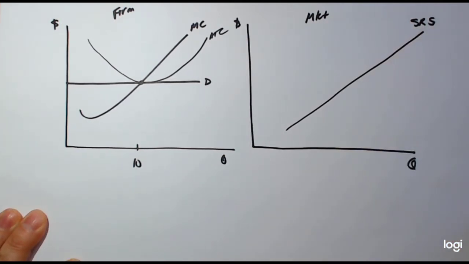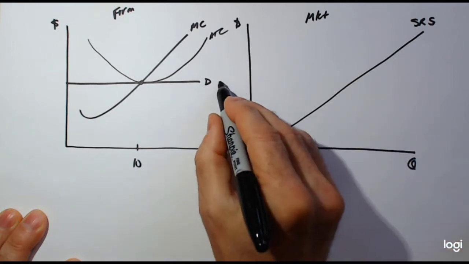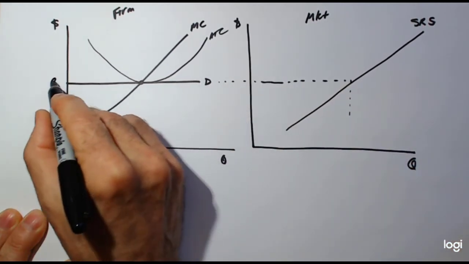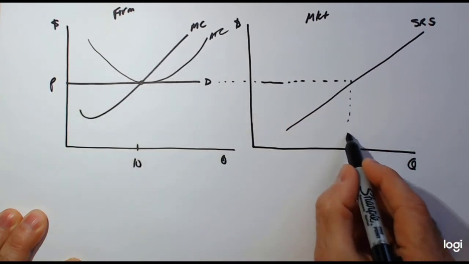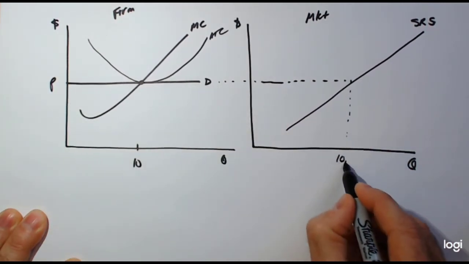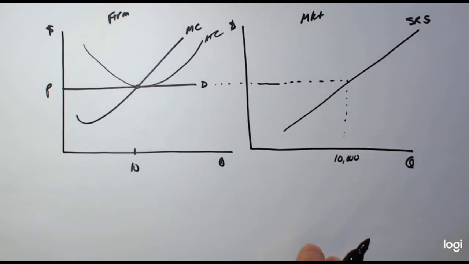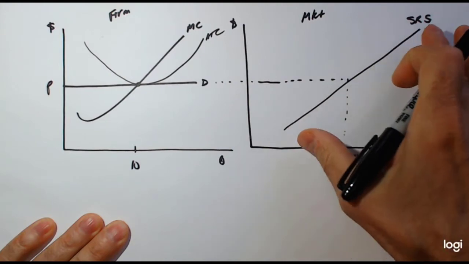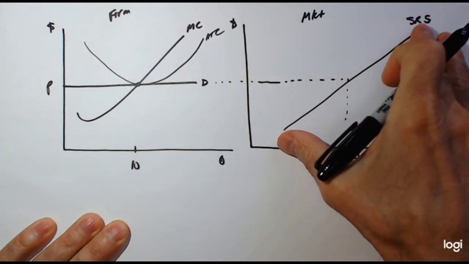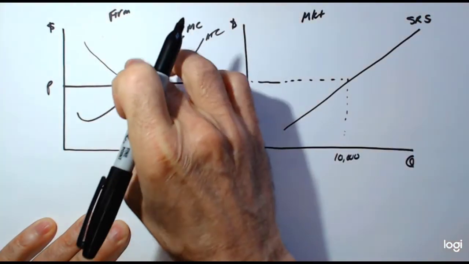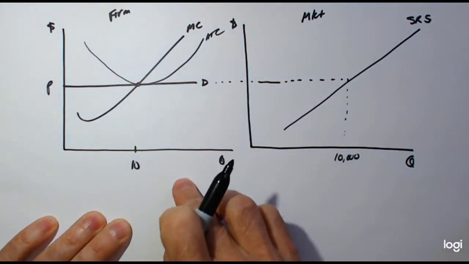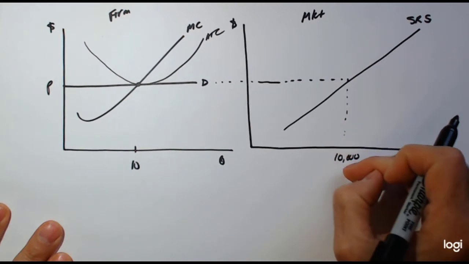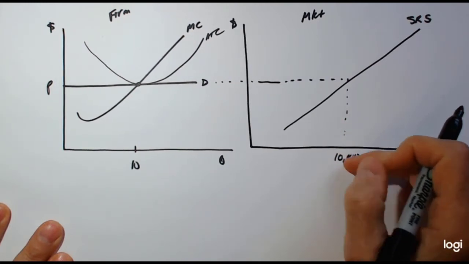At this particular price, if there's 1,000 firms, this supply curve aggregates all these individual firms up. If there's 1,000 firms and each makes 10, it'll all add up to 10,000 units supplied.